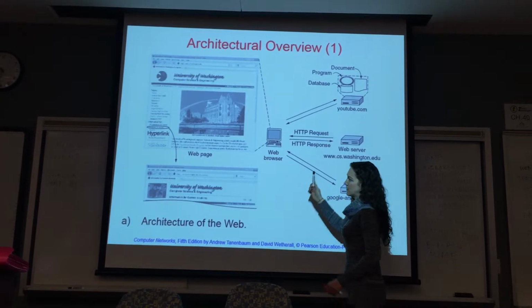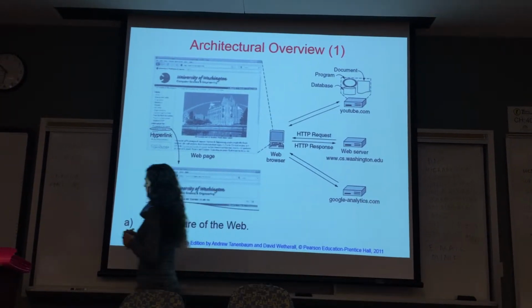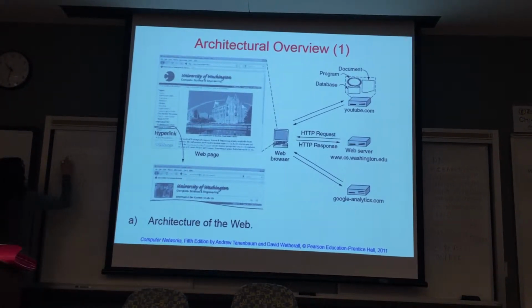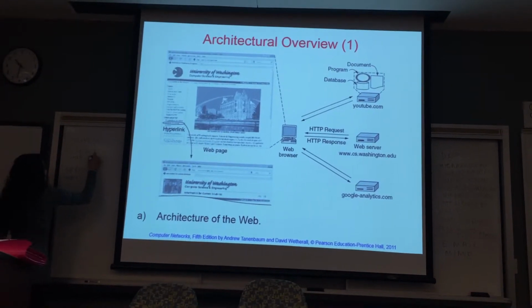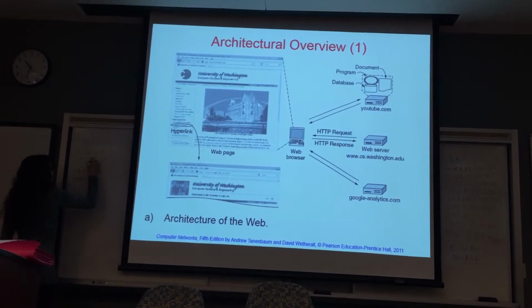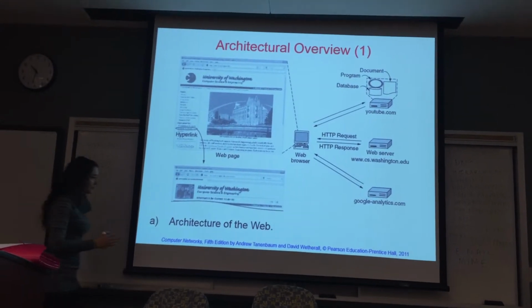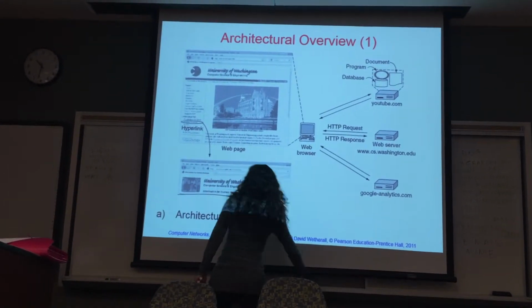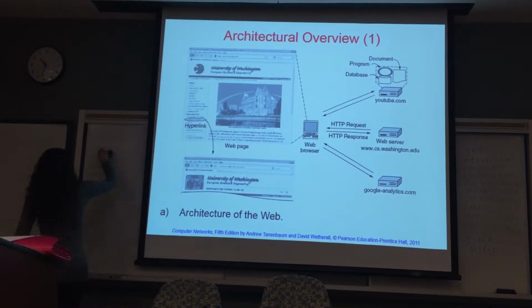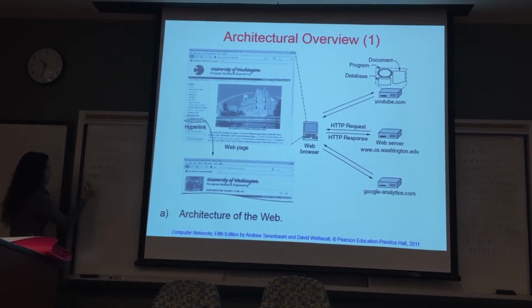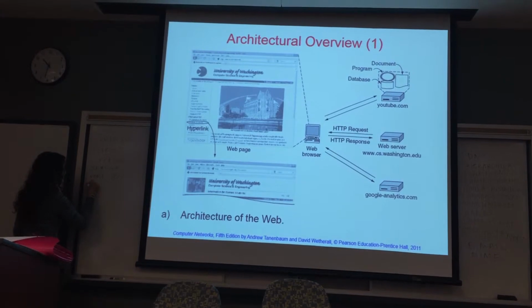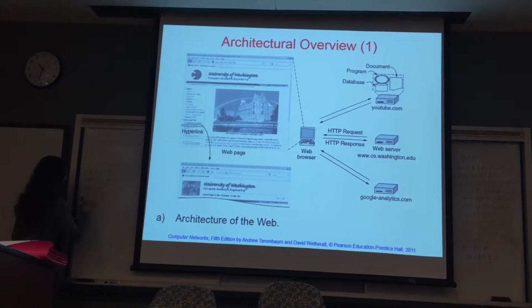So the client will send a connection request. First the connection has to be established. Then it will send a request for a web page. The server will serve the page.